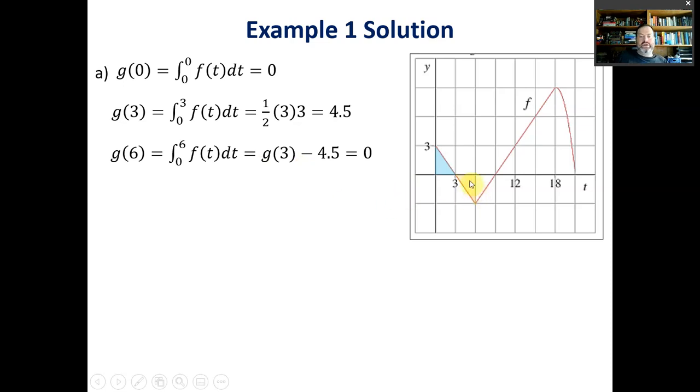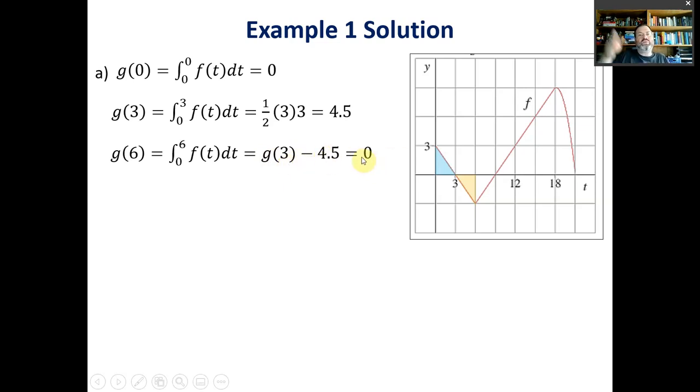This is another triangle, but this time, because the function is below the x-axis, we subtract the area, right? We saw that in a previous section. The area itself is still positive. We just subtract the area. So even though this area here is 4.5, we're subtracting it because the function is negative. So you just take your previously computed value, which is 4.5, right? So g of 3 is 4.5, minus 4.5 is 0.